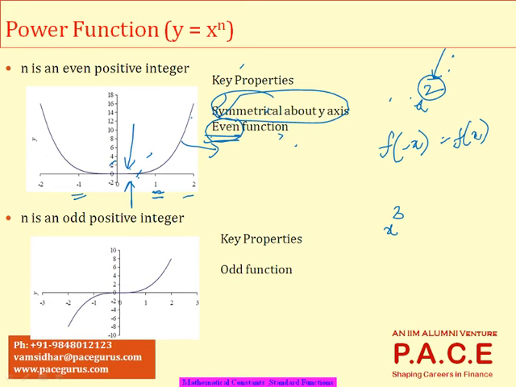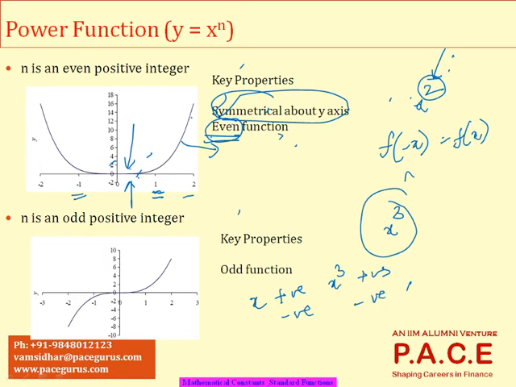But if n is odd, like x cube, x power 5, what we will typically see is it is nowhere symmetrical about the y-axis, because all positive as well as negative values are possible. And simply put, if x is positive, x cube is also positive, and if x is negative, x cube is also negative.